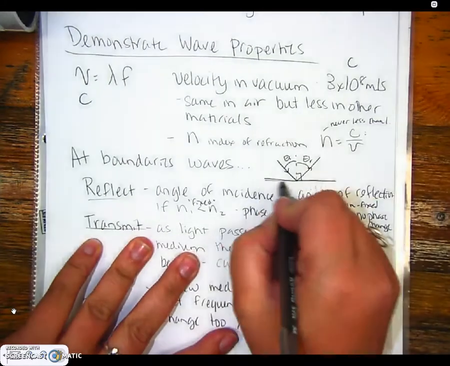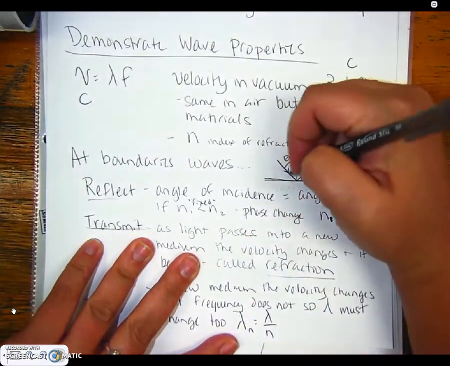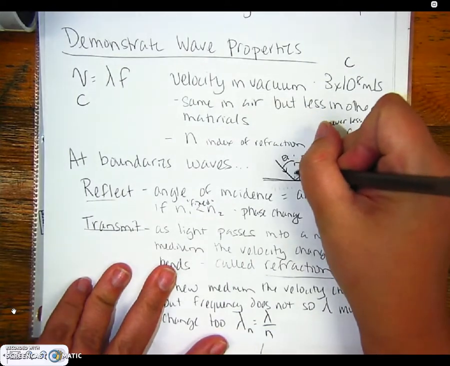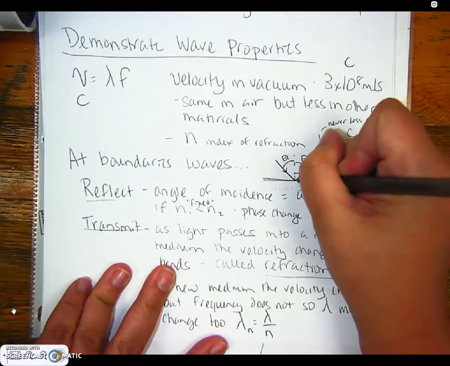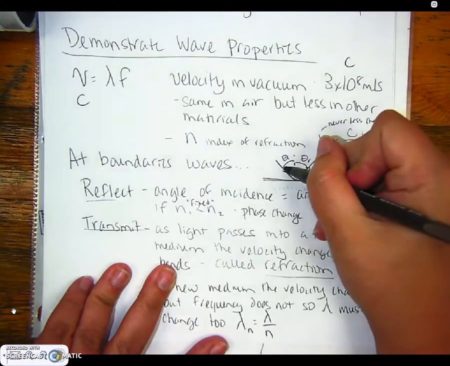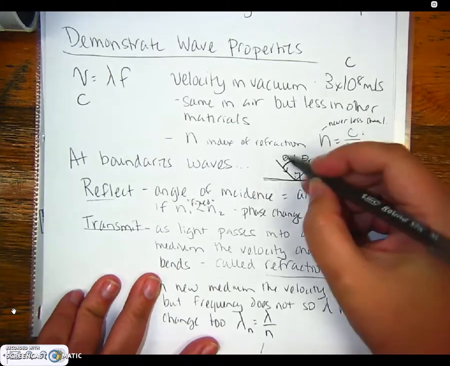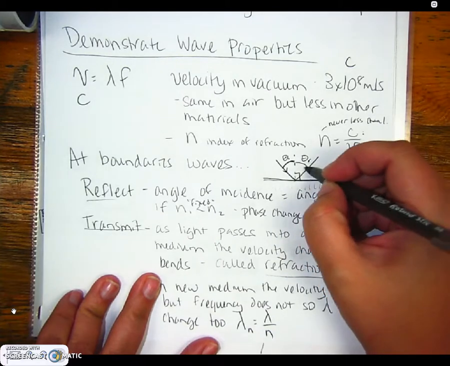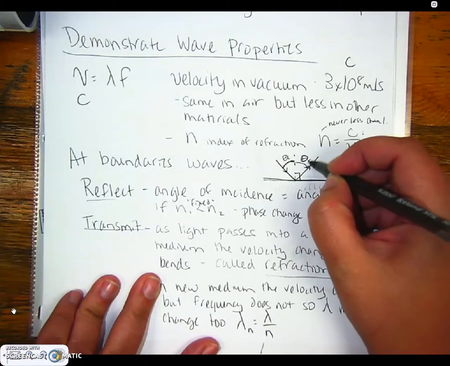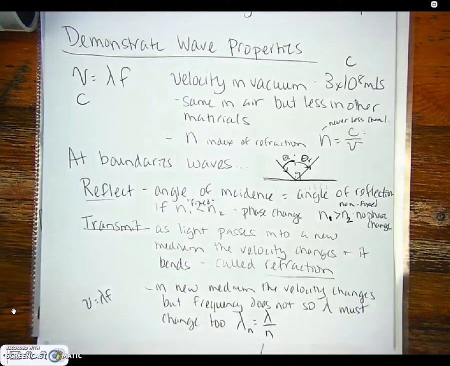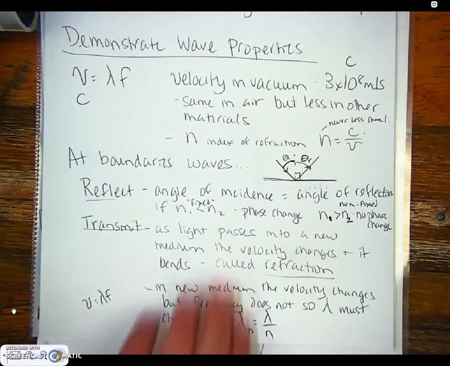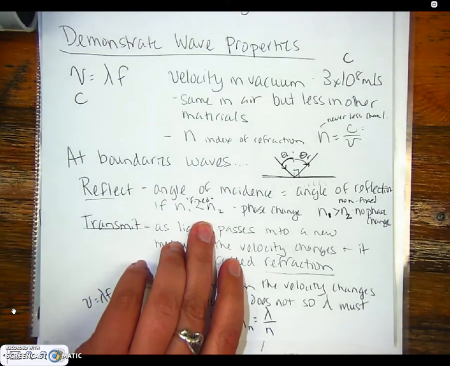So if this is my mirror right here, and the light comes in and strikes the surface, there's something called the normal line that is perpendicular to the surface at that point, and the angle of incidence is measured to that normal line. As the light bounces off, you are going to have the angle of reflection equal to the angle of incidence.